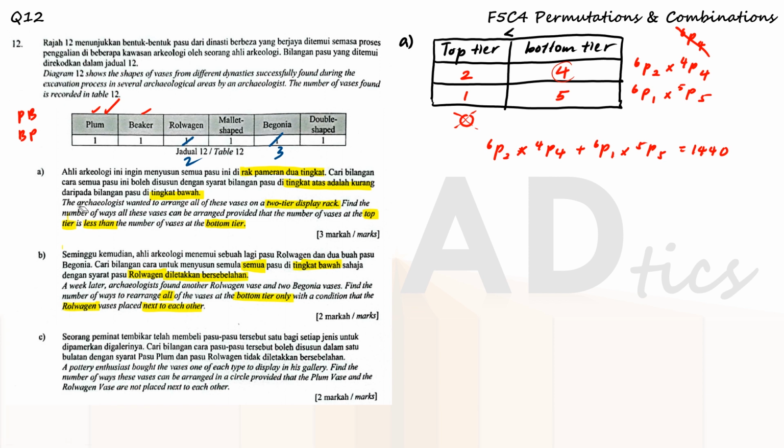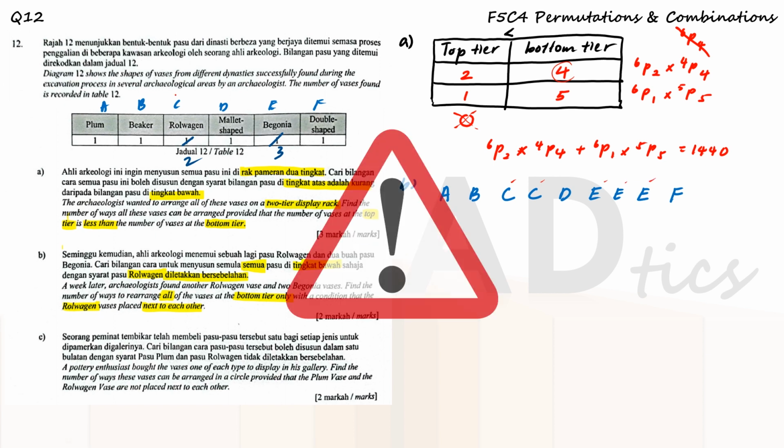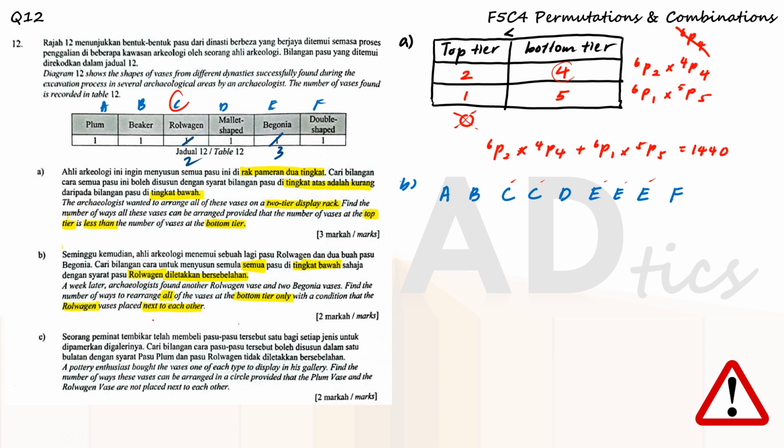For this case, let me represent each vase with a letter, according to the number of vases we have: C, there will be 2, and E, there will be 3. And these Volkswagen vases, which are C, must be placed next to each other.